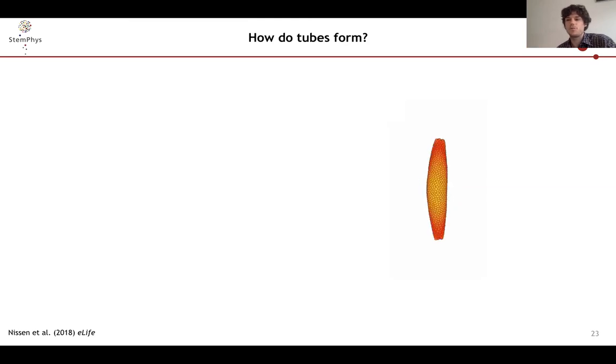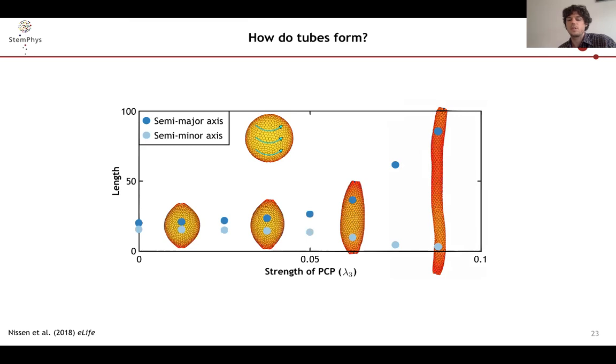There's no cell proliferation here, right? And this thickness is purely defined by the value of lambda 3, which is basically the strength of the planar cell polarity.